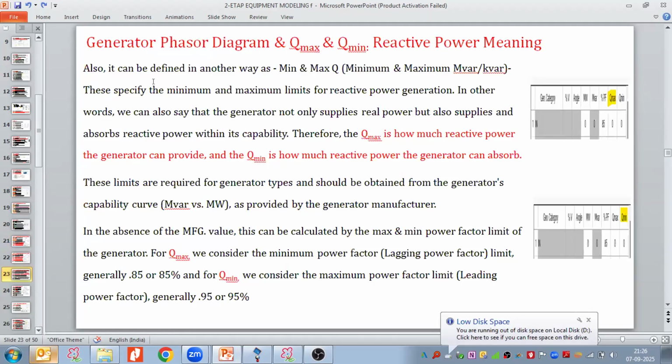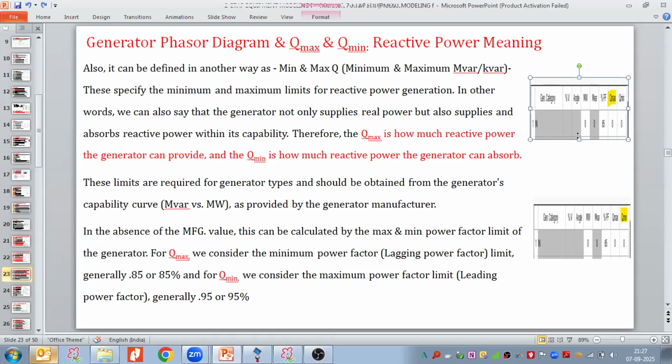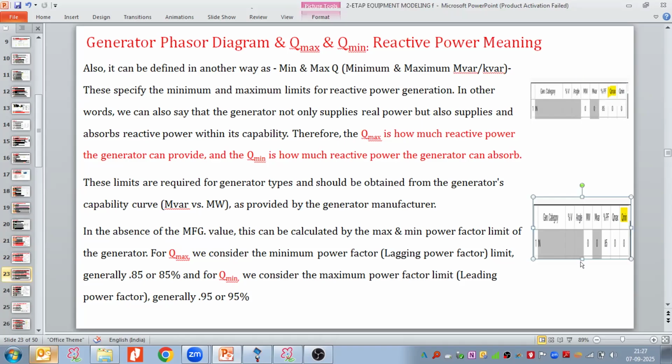Qmax and Qminimum can also be defined as the minimum and maximum MVAR, or reactive power limit. They specify the minimum and maximum limit for reactive power generation.